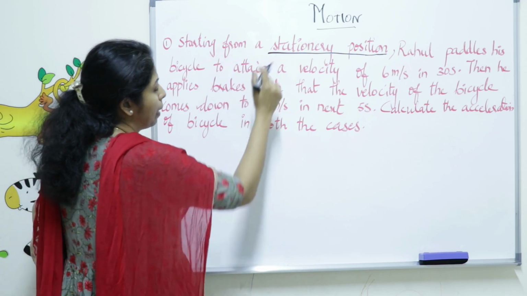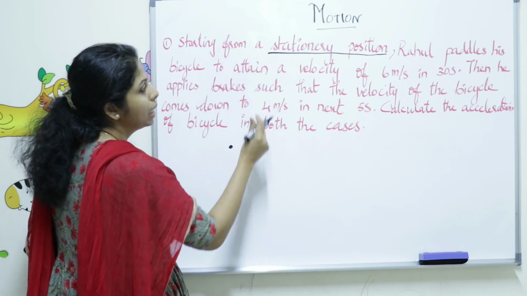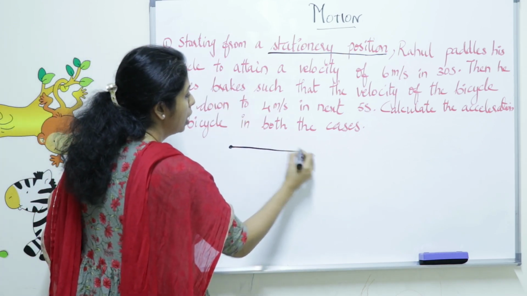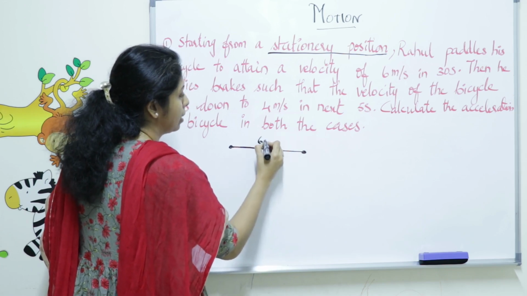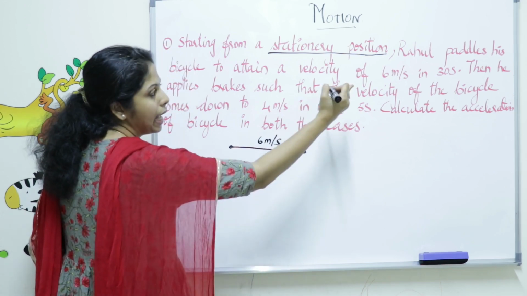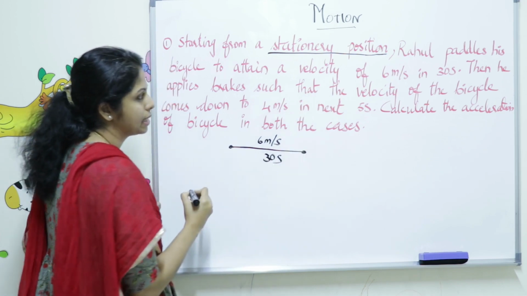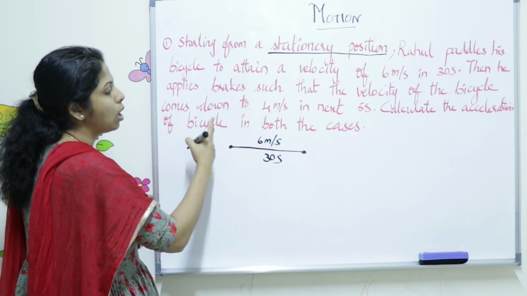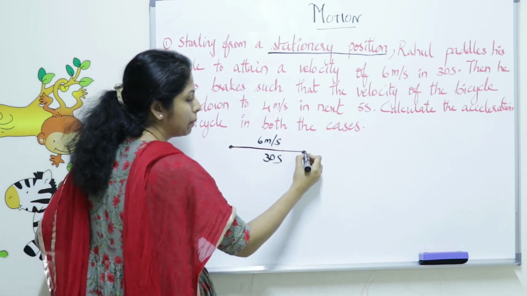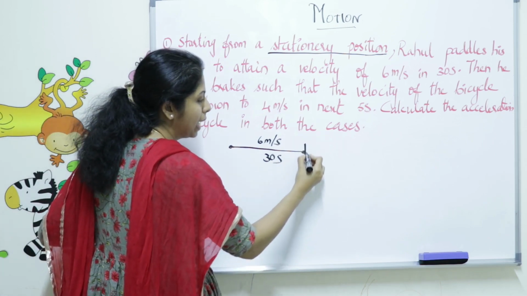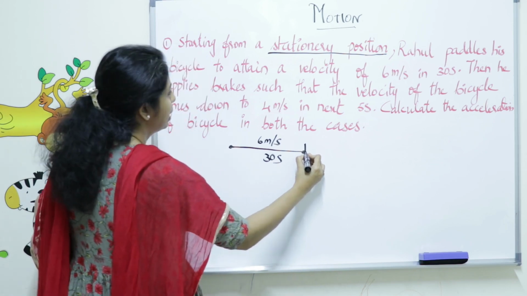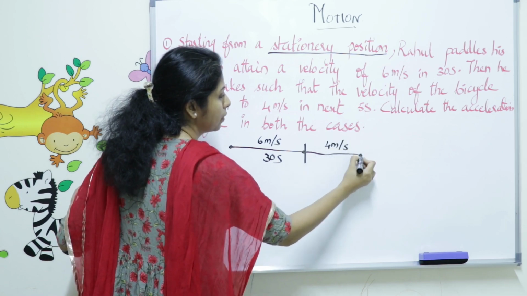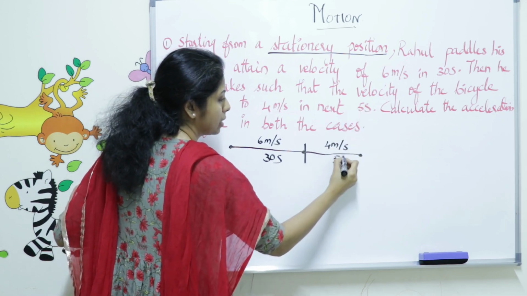He attains a velocity of 6 meters per second in 30 seconds. Then he applies brakes, and he goes with a velocity of 4 meters per second in the next 5 seconds.